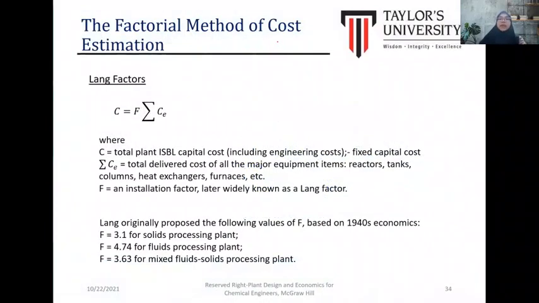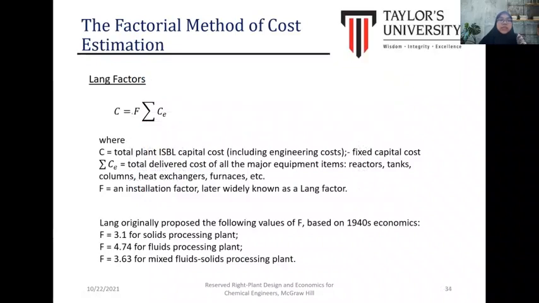In the factorial method of cost estimation, there are a few methods that we can use. The first is based on the Lang factor. Under the Lang factor, the cost can be estimated by multiplying the installation factor by the total cost of the equipment.